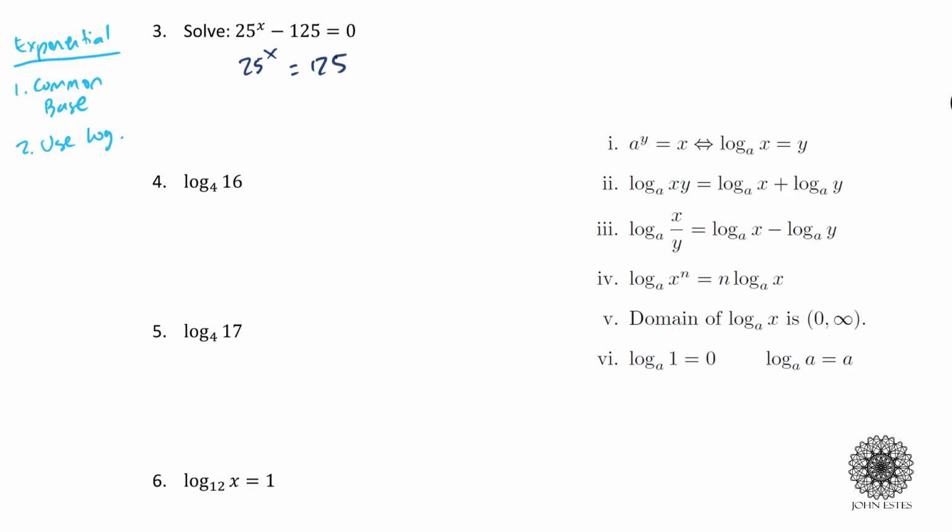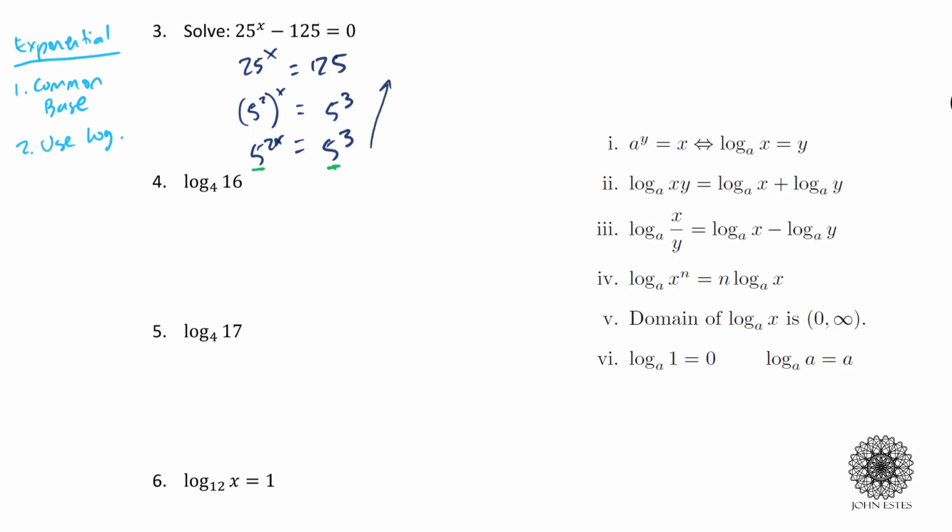I can get a common base here because I can write 25 as 5 squared, and I can write 125 as 5 cubed. So I know 5 squared to the x power is 5 to the 2x power equals 5 cubed. Once I have a common base, which is the 5, I know that 5 to this 2x power equals 5 to this third power.